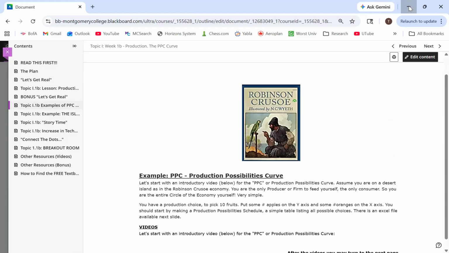So 4 apples means 16 oranges because, again, you're working 20 hours a day between the two of you. And then over here, you'd have 16 oranges and 4 apples. That's going to add up to 20 hours. And that dot is going to be over there.